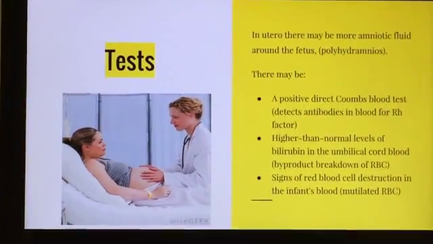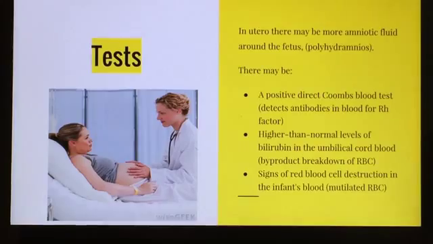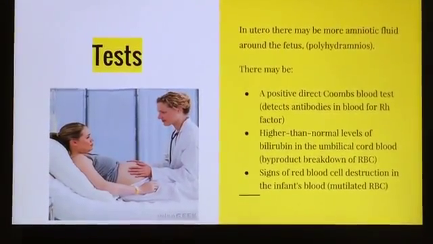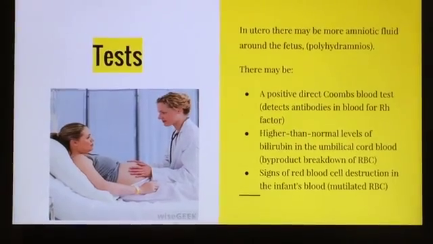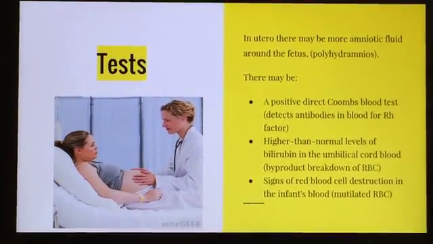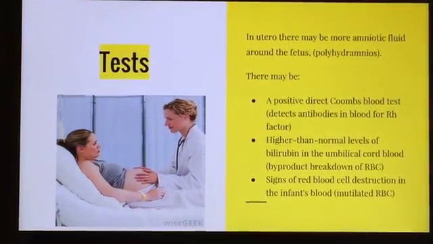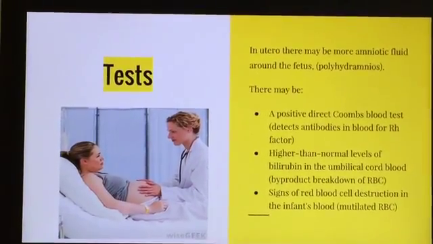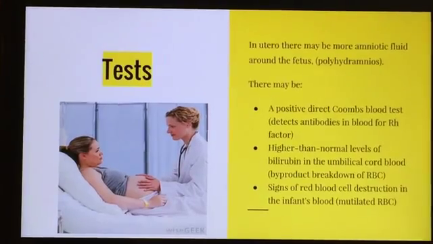So how do we test in the clinic people coming in with this Rh incompatibility? So if they already have this incompatibility, they're pregnant, you can do a blood test, the Coombs blood test, and detect the antibodies to that Rh factor in the mother's blood.